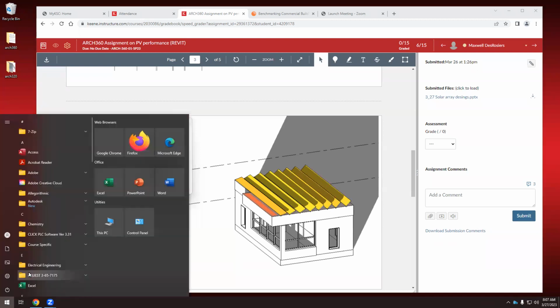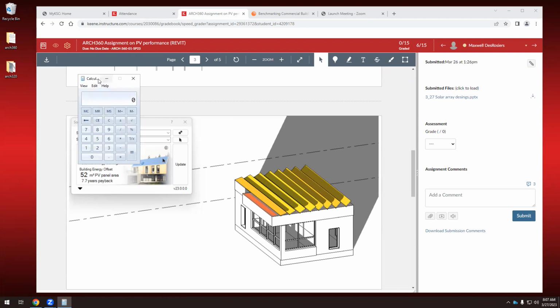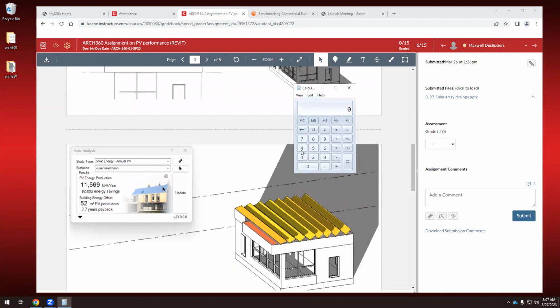Okay, so we have to go to the calculator, and we have to divide the energy production divided by the area. So if this one it's 11,569 divided by 52. So this is 222. So the first option is 222 kilowatt hour per square meter.